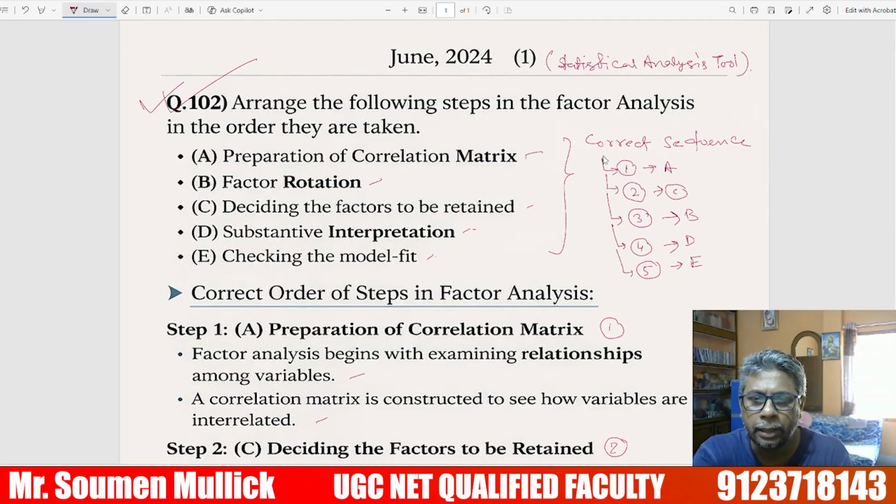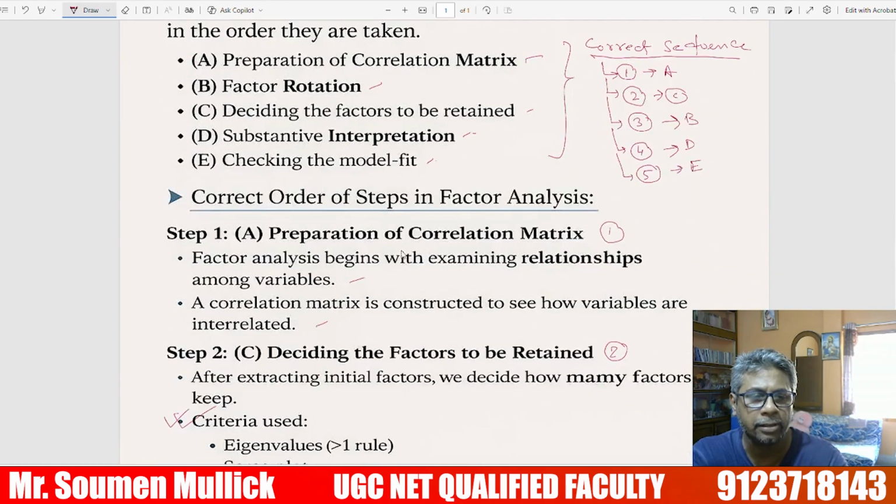So what would be the correct option? The correct sequence: first, preparation of correlation matrix. Factor analysis begins by examining the relationships among variables. A correlation matrix is constructed to see how variables are interrelated.